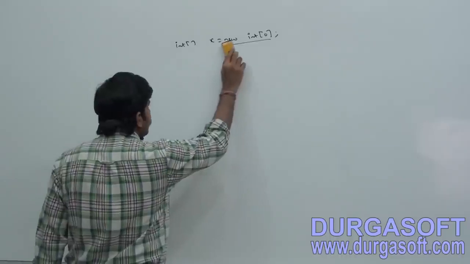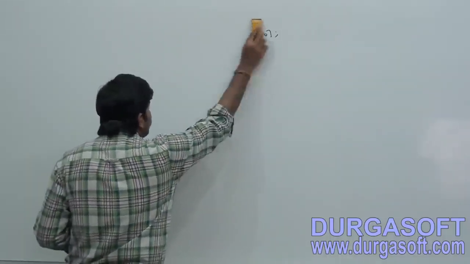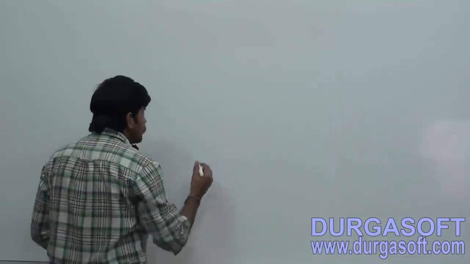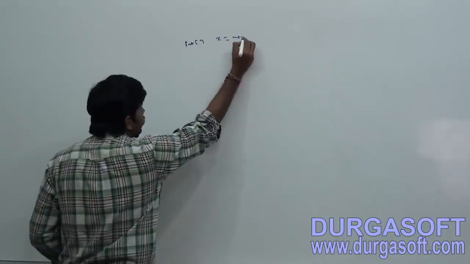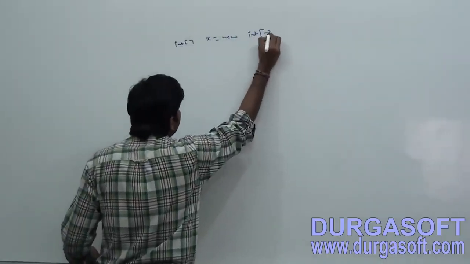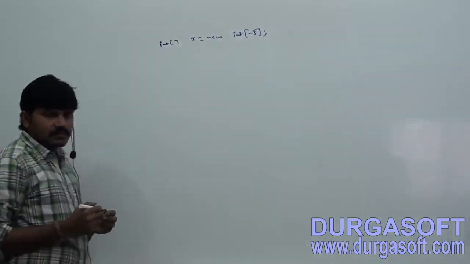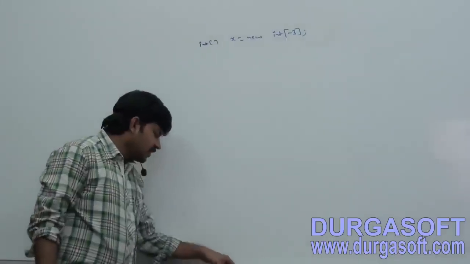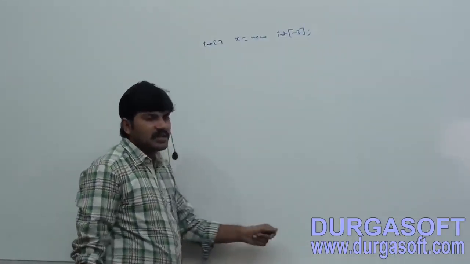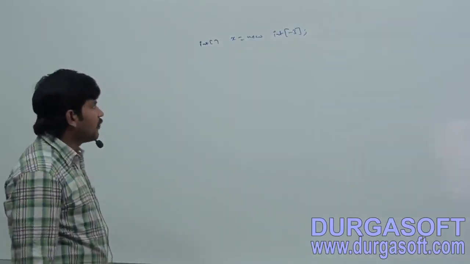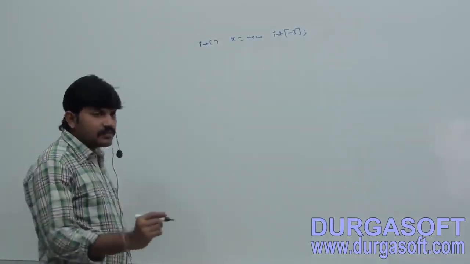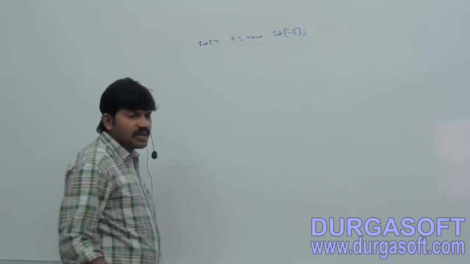Next one. Here, can you tell is it valid or invalid? Sir, I am taking int array x is equal to new int array of size minus 3. Valid or invalid? Invalid. What is the reason?